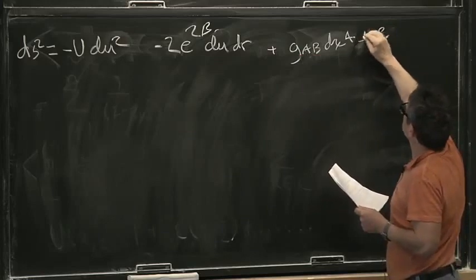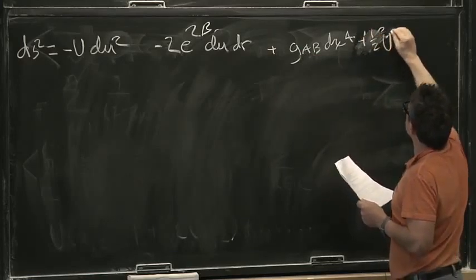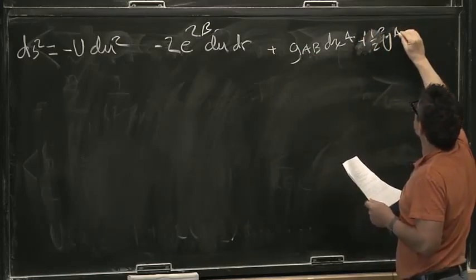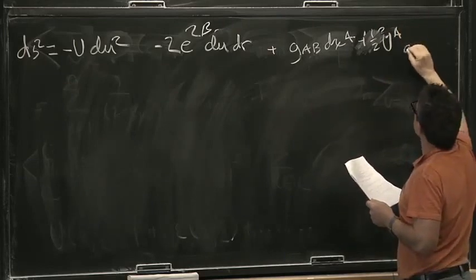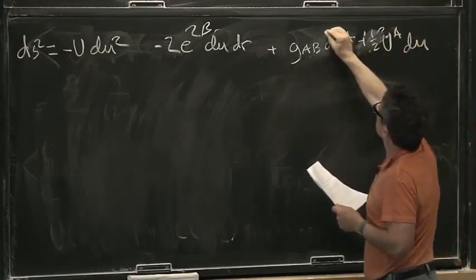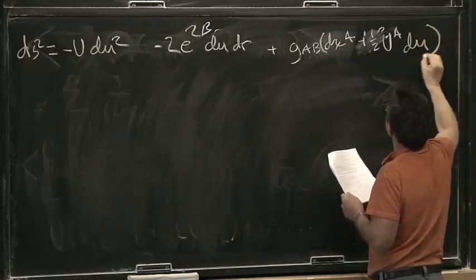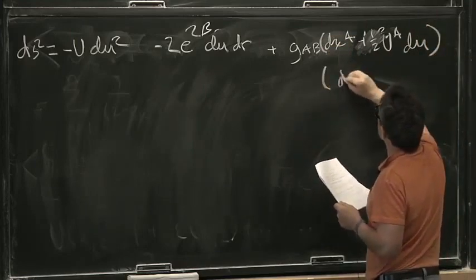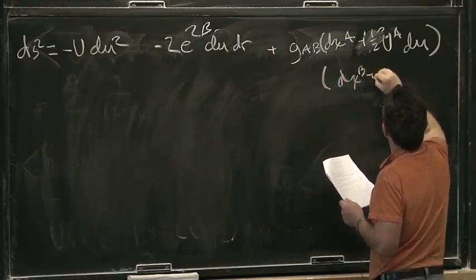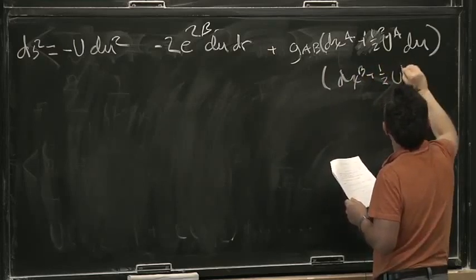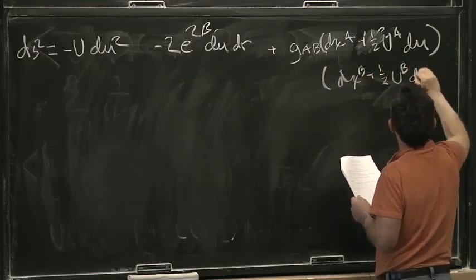And we add here plus a half U^A du, and then dx^B plus a half U^B du.